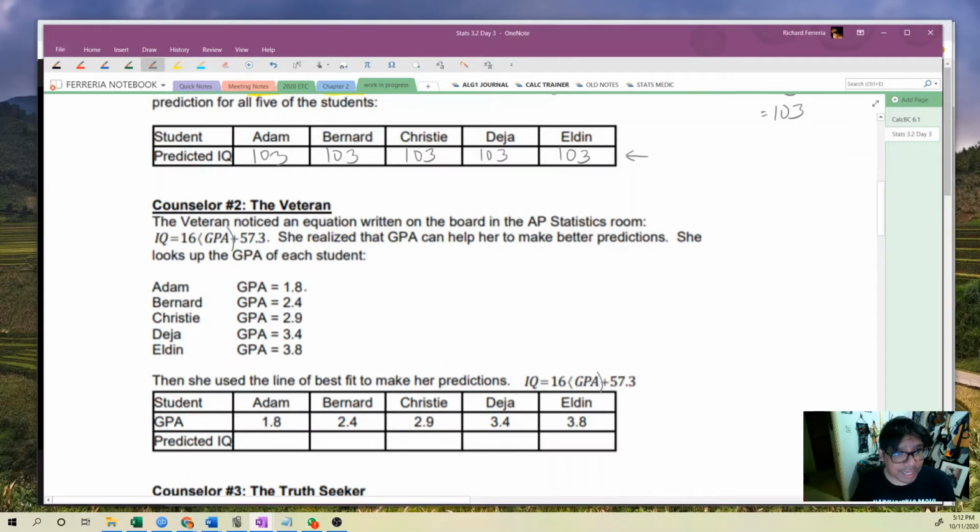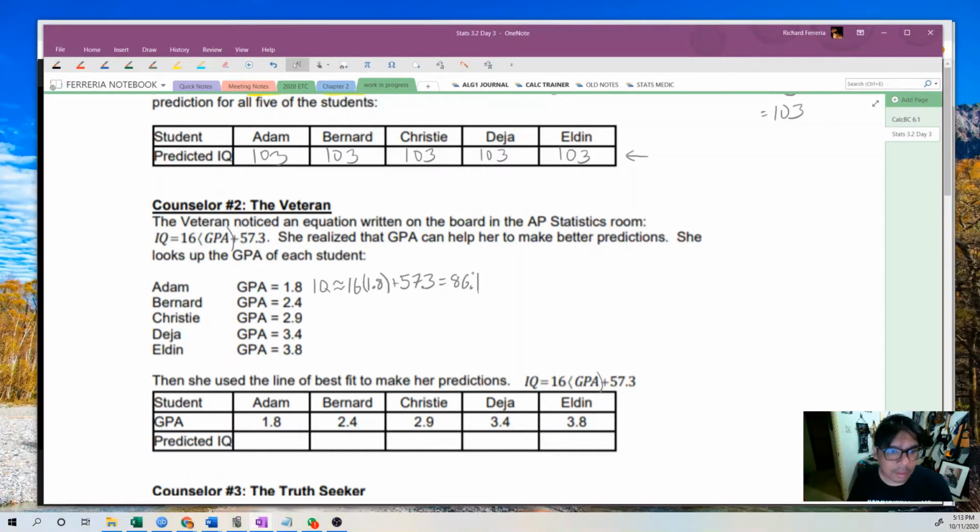If the GPA is 1.8 for Adam, that means his IQ should be approximately equal to 86.1, and we'll put our 86.1 here. And this should not be all that crazy for you at this point. This is what we do with linear regressions.